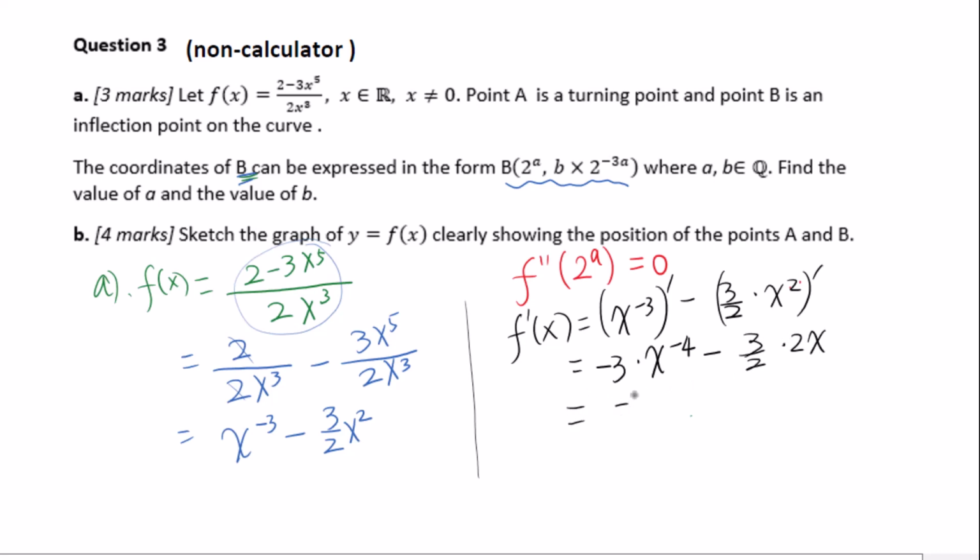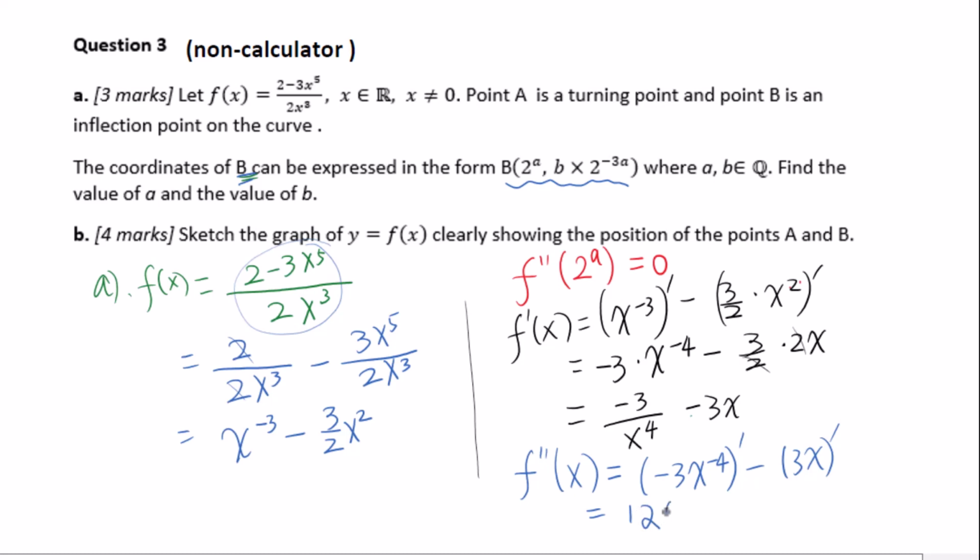So we have negative 3 over x to the fourth power minus 3x. Then f double prime of x equals negative 3x to the negative fourth power prime minus 3x prime, equals positive 12x to the negative fifth power minus 3 equals 0.